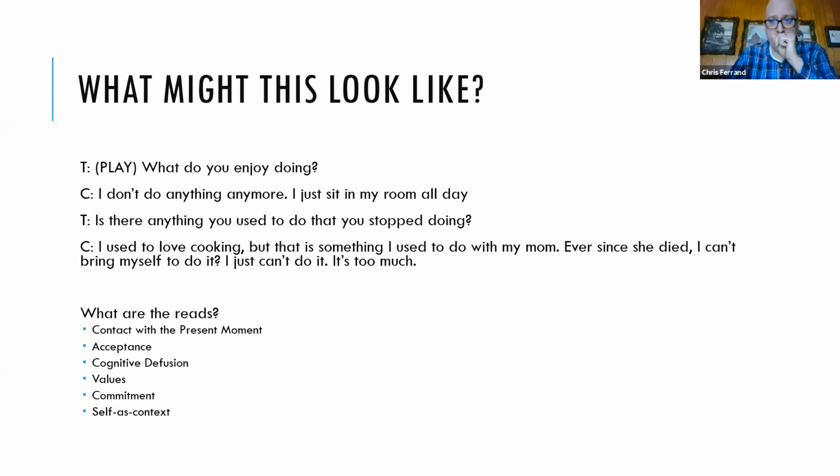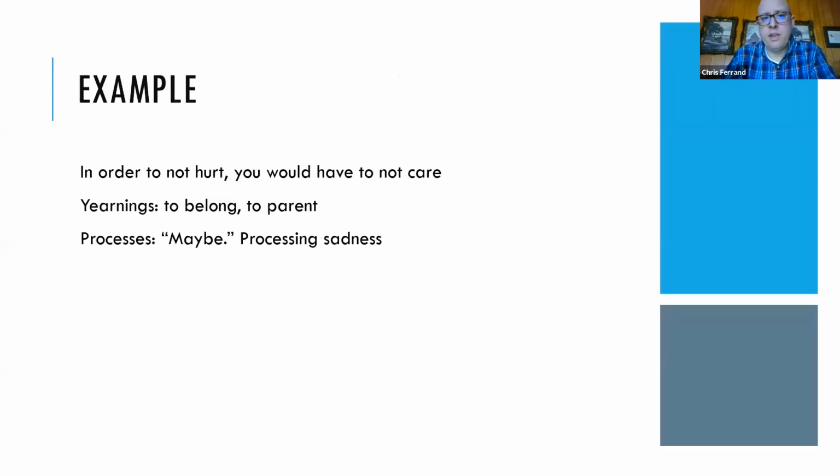And then we could look at self, sort of what's my identity now that mom's gone, identity as a daughter, and that could show up in this work as well. So there's lots of opportunities within that little nugget.